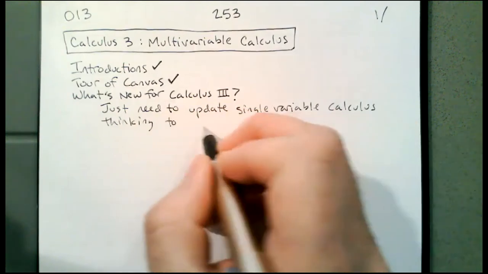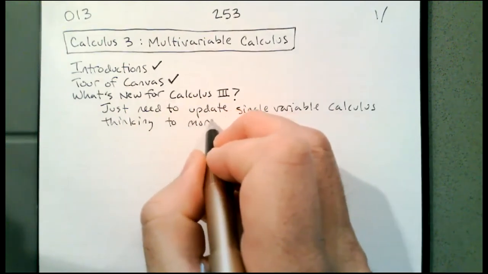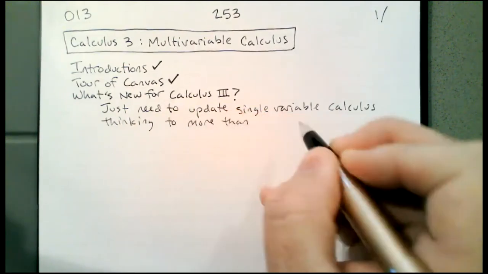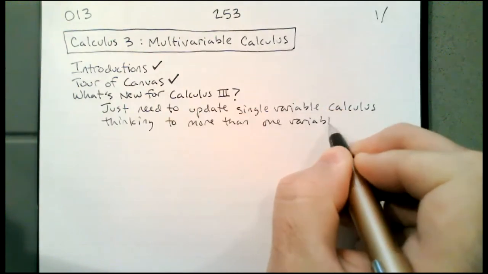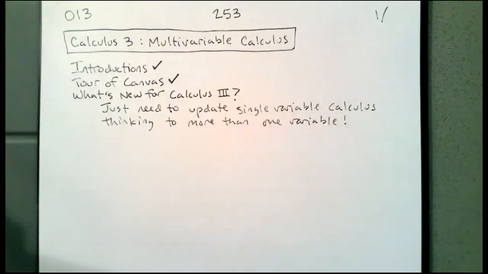Well, not always functions. So we just need to take the same kind of thinking that we had in Calc 1 and Calc 2 and apply it to more than one variable.